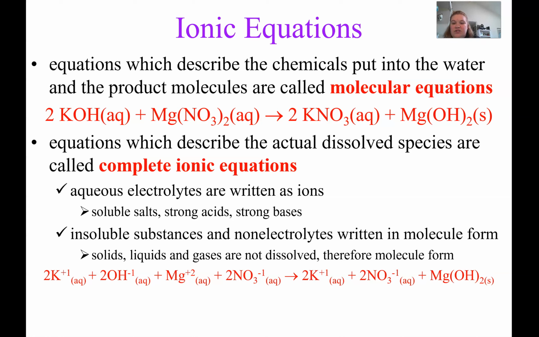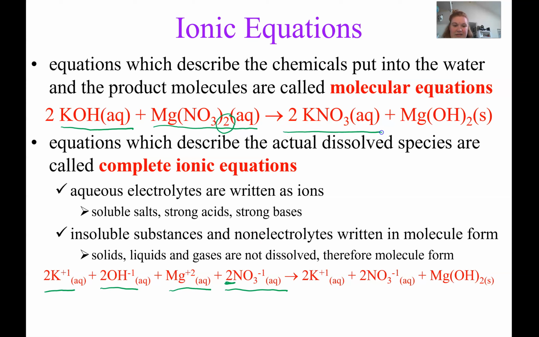So we have our original equation up here. We have KOH aqueous. It is now written as potassium positive, OH minus. Notice that that coefficient went to each of them. We have Mg(NO3)2 aqueous, so we have a magnesium 2 plus and those two nitrates. And notice that our subscript for that nitrate became the coefficient.